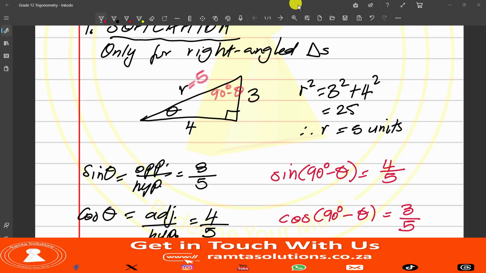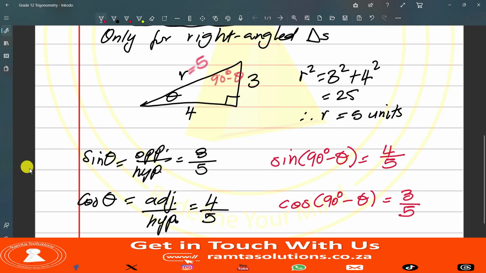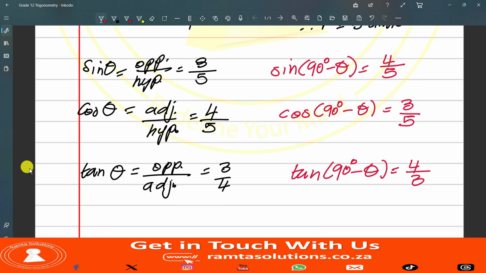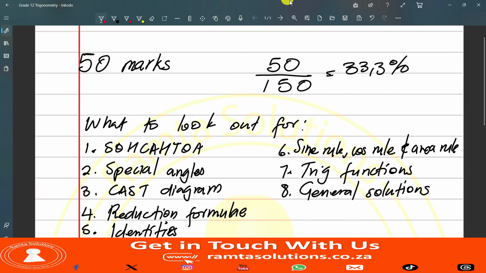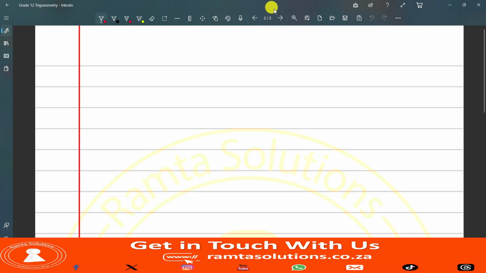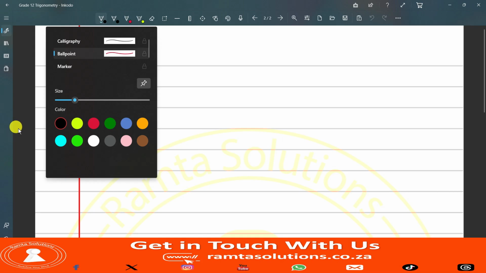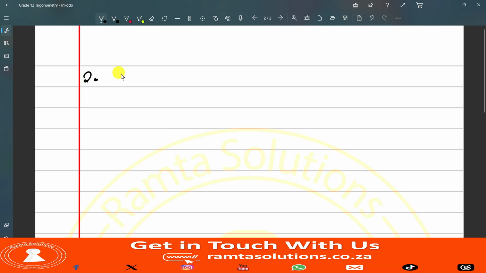SOHCAHTOA. The second aspect that we have to look at is special angles. You need to know your special angles.